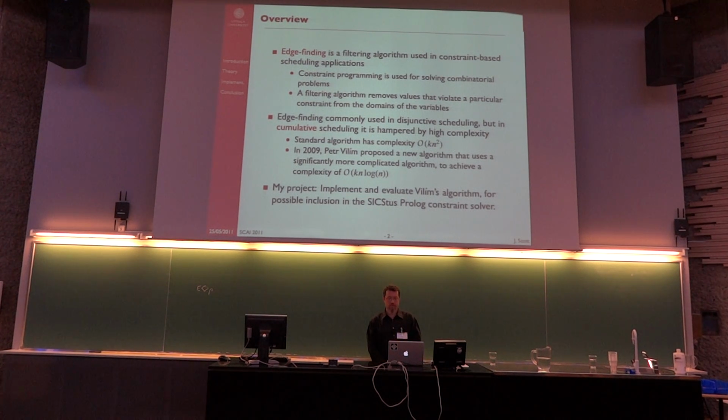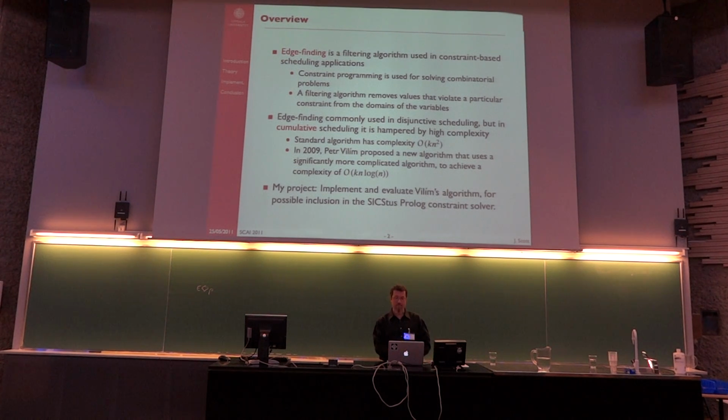But it has a much higher complexity for cumulative scheduling, which has always hampered its usage. The standard algorithm for cumulative edge finding has a complexity of kn squared, where n is the number of tasks that we're scheduling, and k is the number of discrete capacity requirements among those tasks.